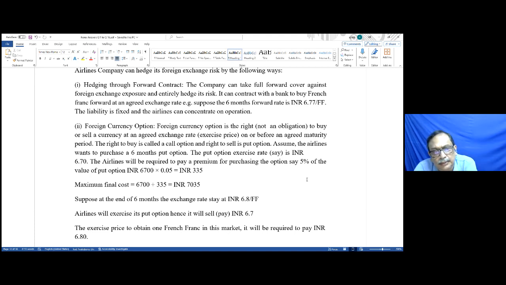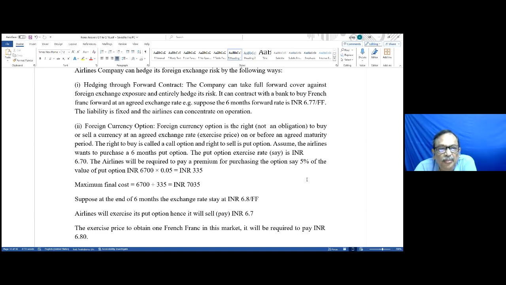Assuming that the airlines wants to purchase a 6 months put option, the put option exercise rate, say, is INR 6.70. The airlines will be required to pay a premium for purchasing the option, assuming 5% of the value of put option.